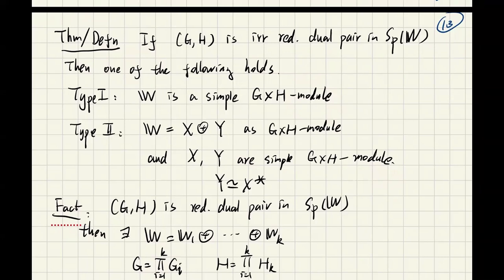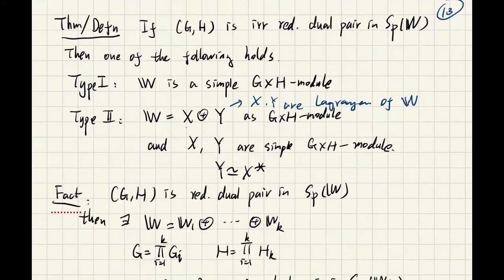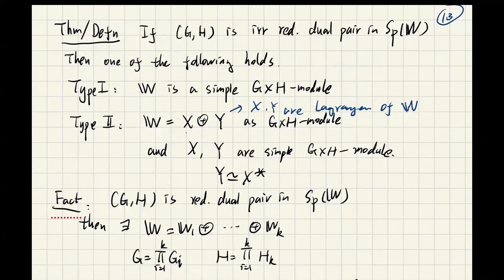One is X, another is Y. And X and Y are both simple G cross H modules, and Y is isomorphic to the dual of X. So actually X and Y are totally Lagrangian, Lagrangian subspaces of W, which means that X and Y are both totally isotropic. Okay, so these are the two cases we call type 1 and type 2.